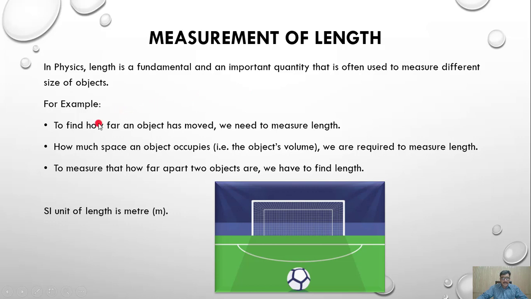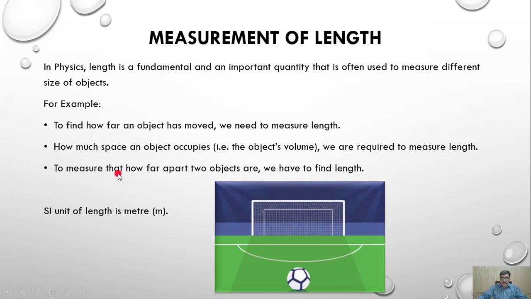Similarly, sometimes in our daily life, we have to measure how much space an object occupies. We are required to measure length. For example, in our dining rooms, we have dining tables. If we want to see how much space the dining table is occupying, we have to measure the length of the dining table.